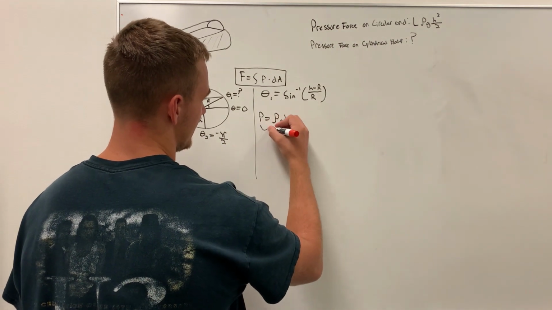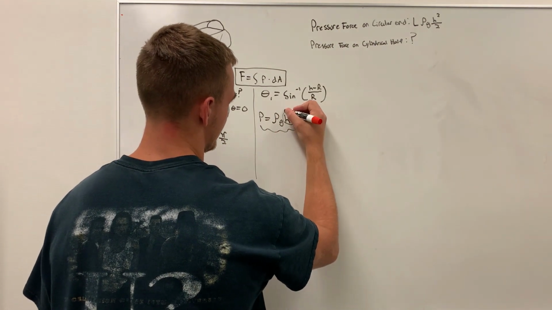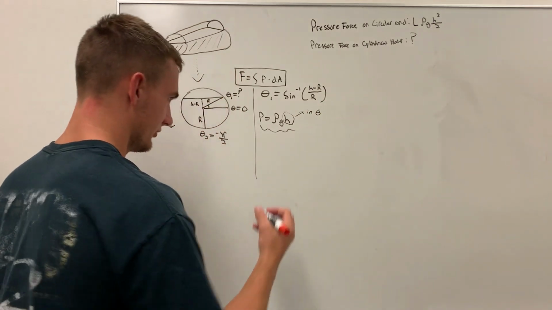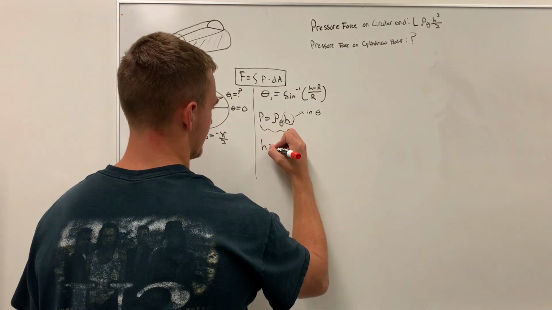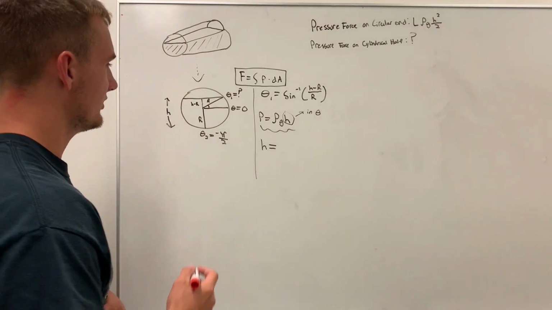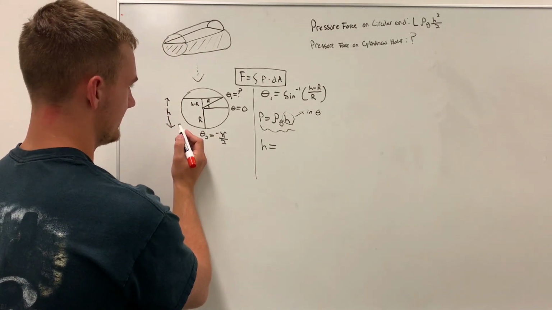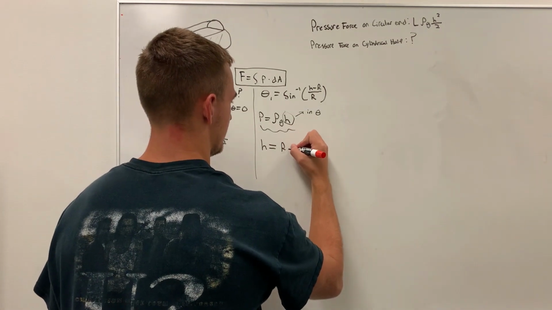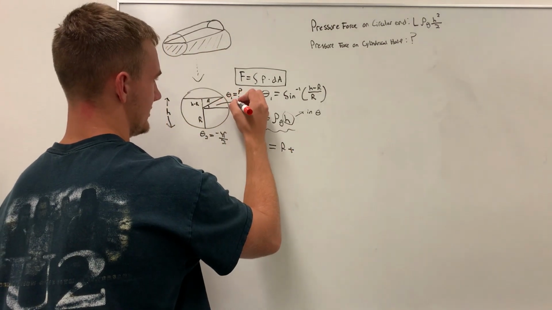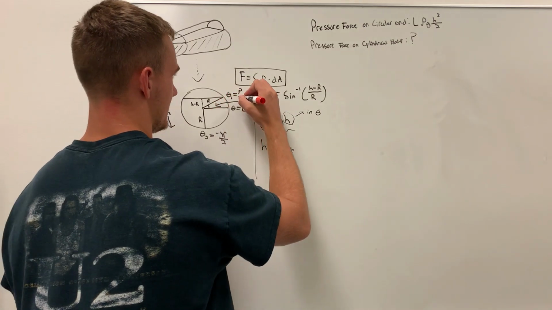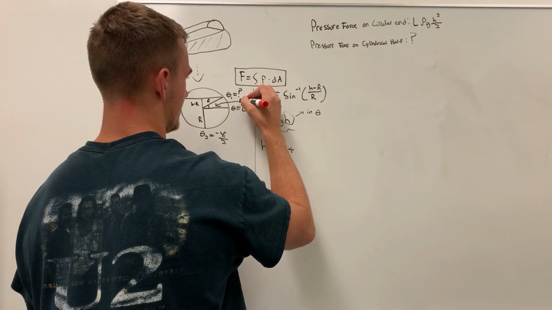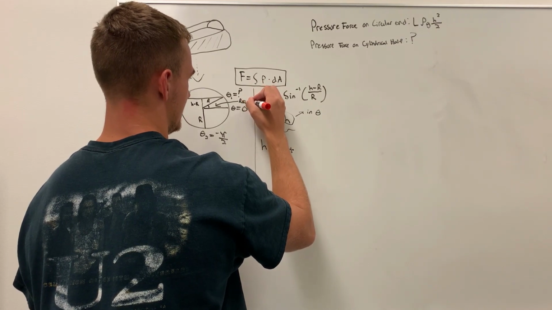To express h in terms of theta, what we can say is that h is equal to r. So we have the height of the fluid, which is equal to r here, plus this part, which is kind of small, but is equal to r sine theta.